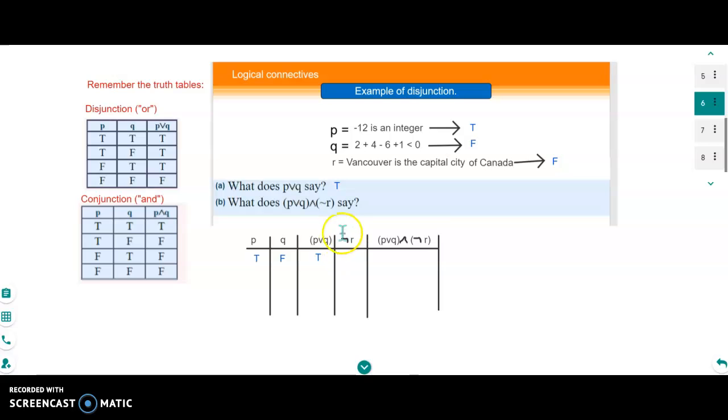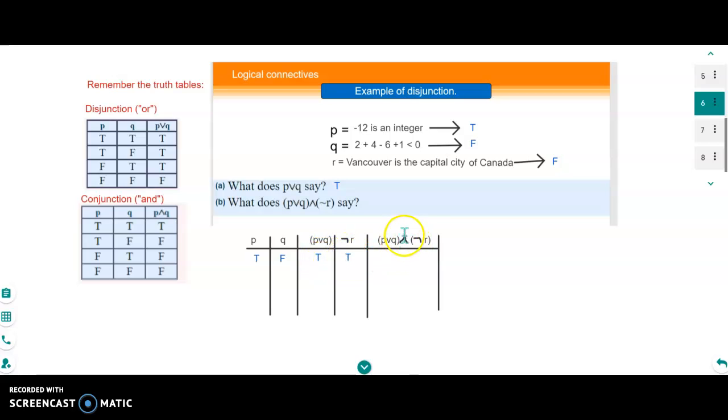Now let's do the negation of R. What is the negation of R? We look at the truth value of R: Vancouver is the capital city of Canada. It was false, so the negation of false will be the opposite, true. And finally, now that we have P or Q in this column and negation of R here, we can find P or Q and negation of R. What will be true and true?